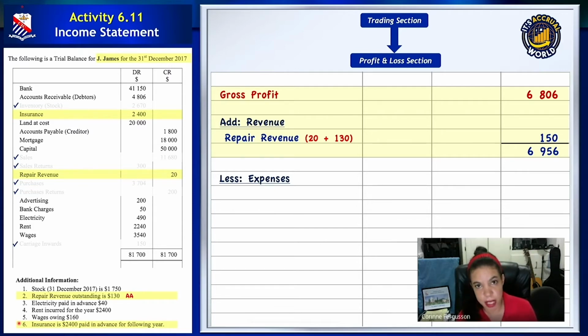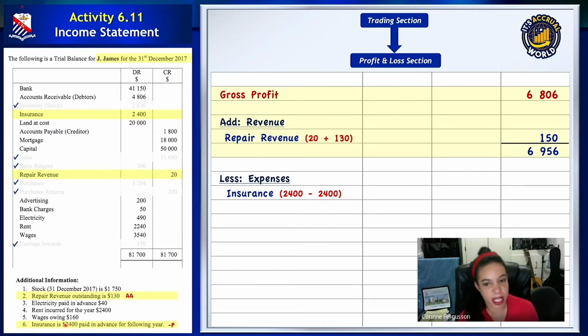And what do you do with prepayments? You less it. So you're going to go to your income statement, and under expenses, you're going to put insurance. You must show your working. So your working is how much is in the trial balance, $2,400, less the prepayment. How much is the prepayment? $2,400.